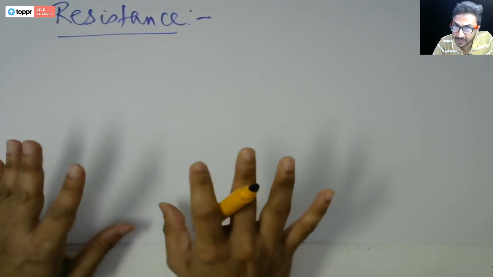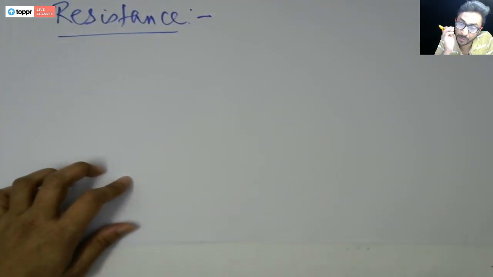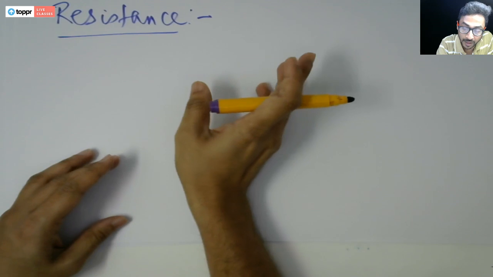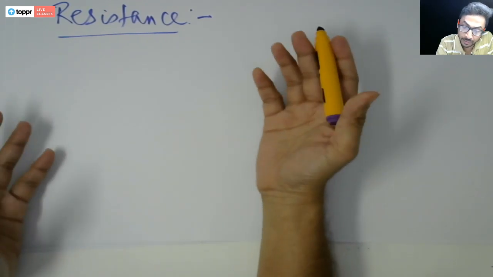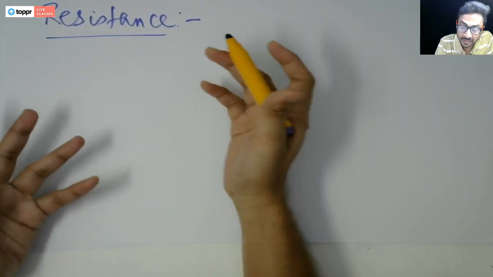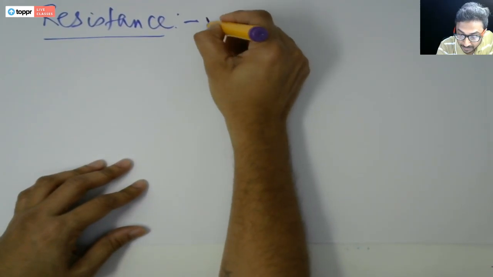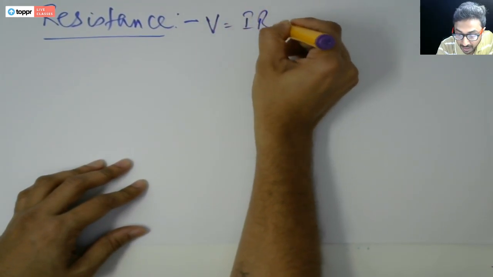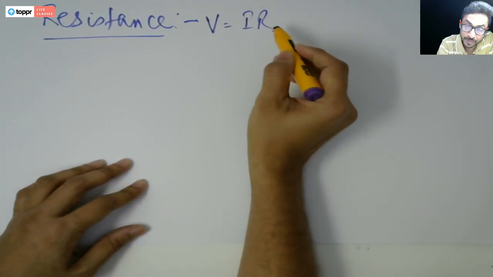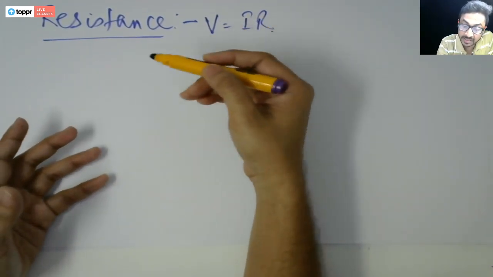Now I'll come to the next topic, that is resistance. For resistance, you have basic knowledge: it is the obstruction to the flow of current, and we will discuss Ohm's law. You also know that V equals IR. So R is the obstruction, that is the resistance, measured in ohms.